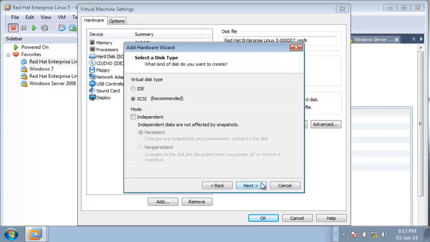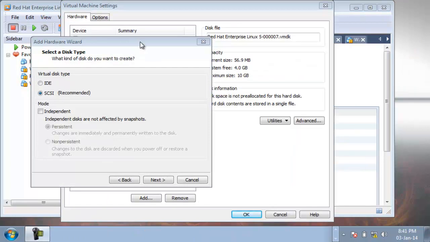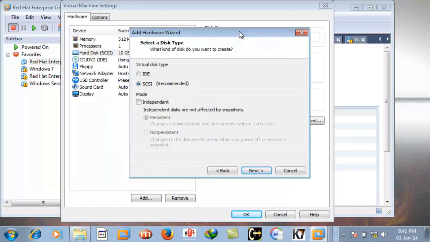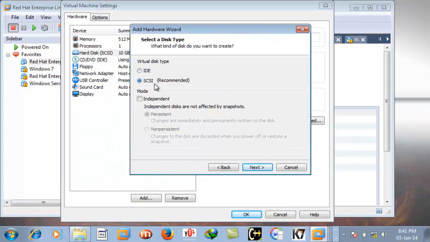Click next. So, guys, here you can see that we have two types of hard disk: one is IDE and another is SCSI. SCSI is made up of SATA hard disk. Here the recommended one is also SCSI, so you will choose the SCSI drive and click next.